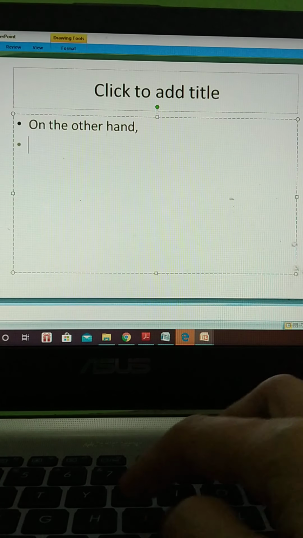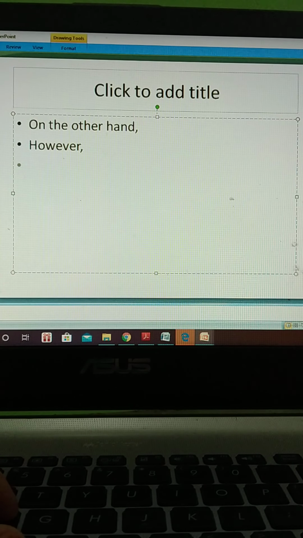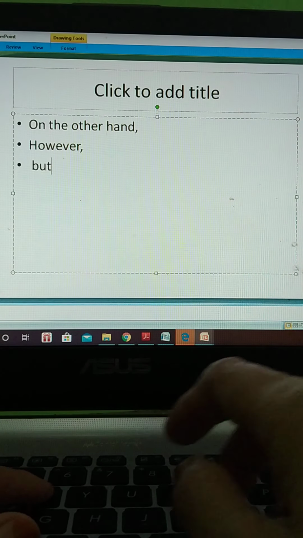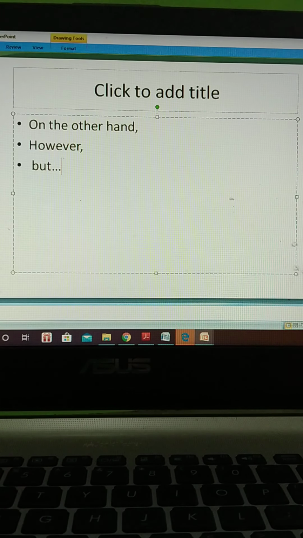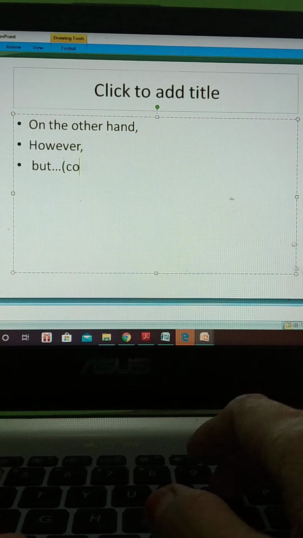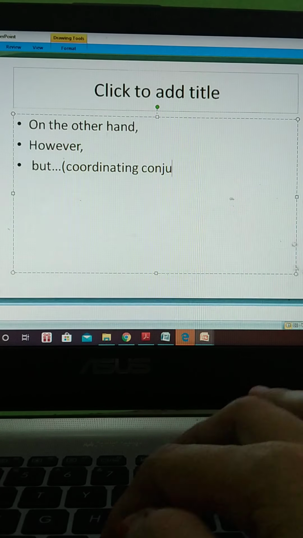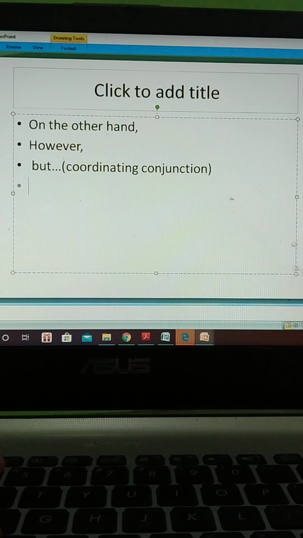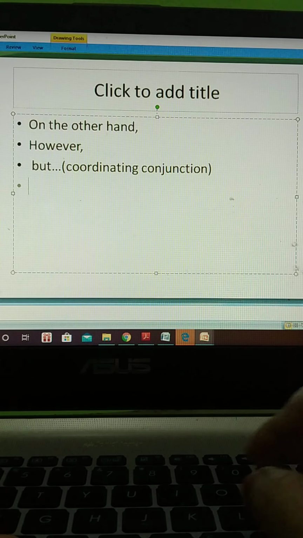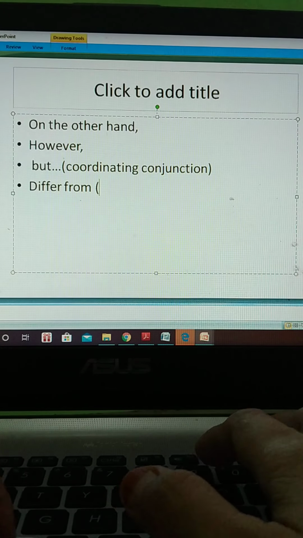And then we also have however as a signal word, also at the beginning of a sentence, but we use it as a coordinating conjunction. Remember that? We have learned about this. Coordinating conjunction. And then differ from. Differ here is a verb. Yeah, verb.